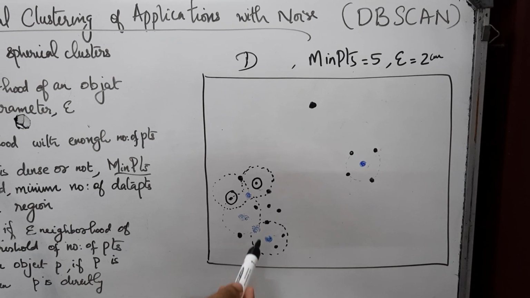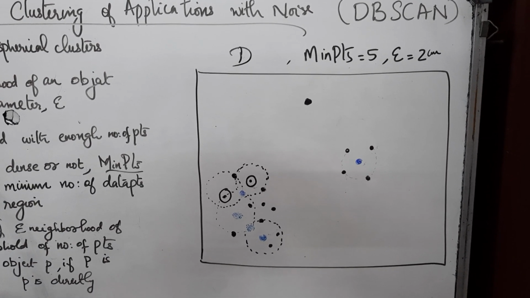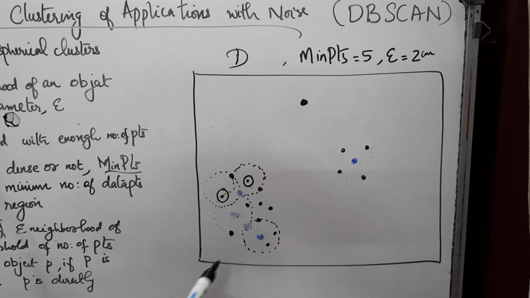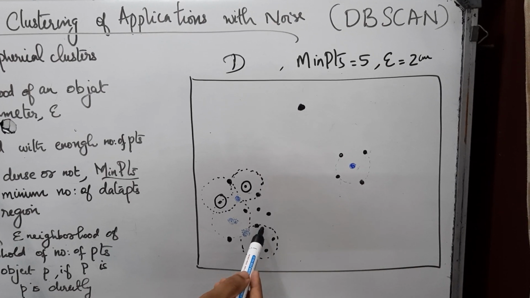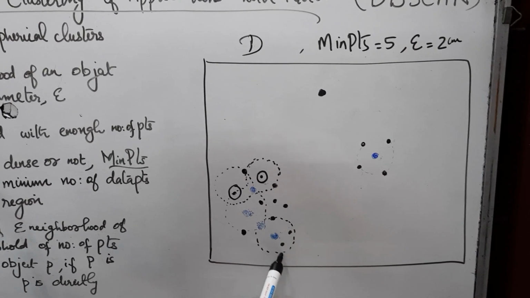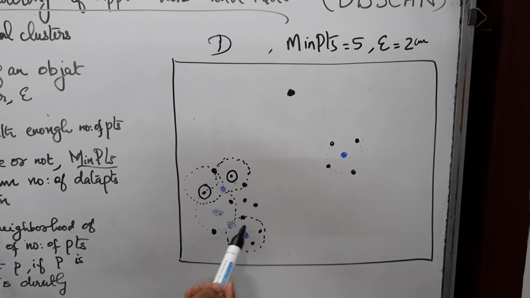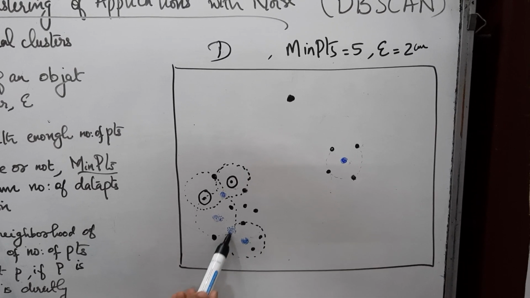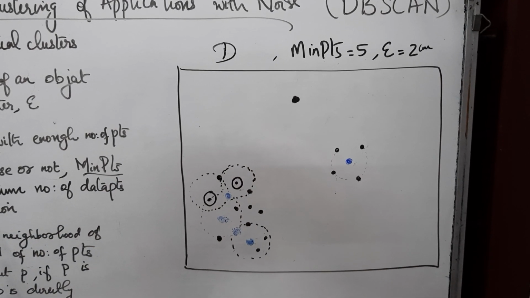Okay, consider this case. Here we got this point. How many neighbors does this point have? 1, 2, 3, 4, and including this, it has 5 points. That means inside this cluster it satisfies the minimum number of points criteria.